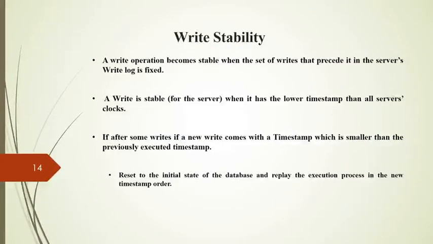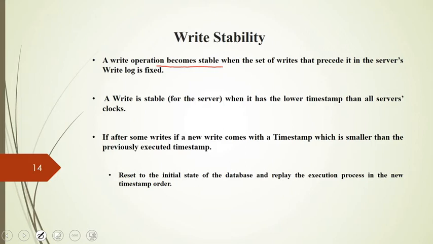So let us consider write stability in Bayou. A write operation becomes stable when the set of writes that precedes it in the server write log is fixed. After writes are finished, at some point in the future, we will get some value for every data item on every server. For this, we will decide some stable prefix of writes.